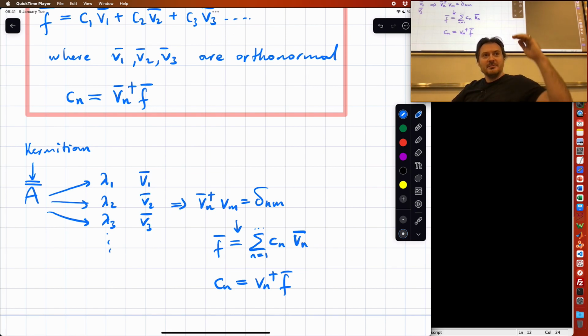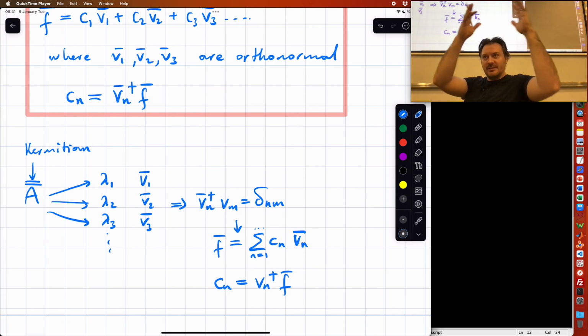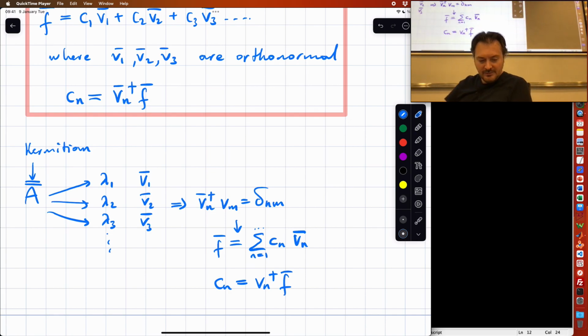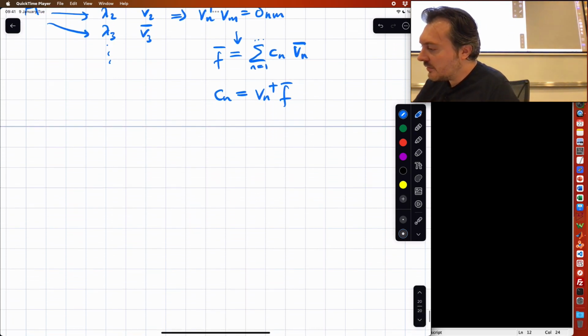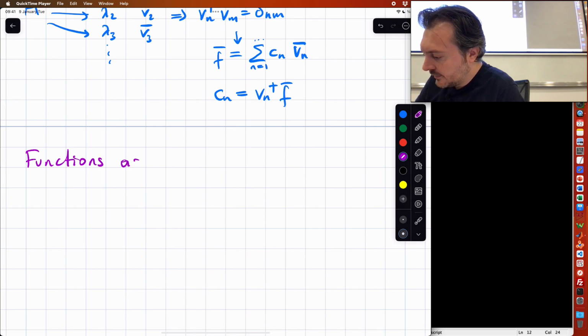We have a vector of 1, 2, 3. Now take that to infinity. Take the vectors to infinity and start thinking about functions as infinite vectors.